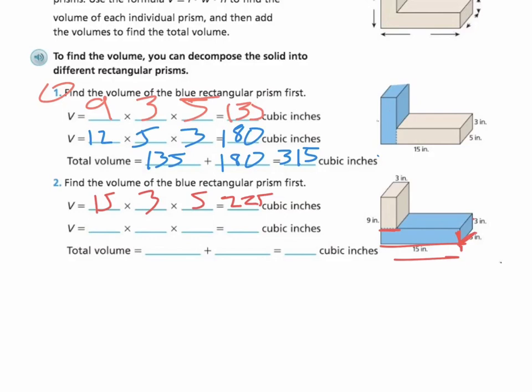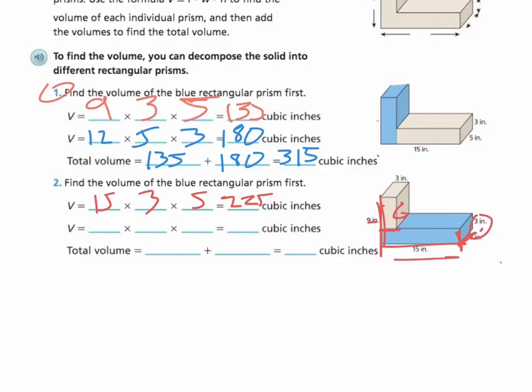Now, let's get the dimensions for the next part. You know that it's 3 here. You know that it's 5 across here, because that's the same and that's the same. So 3 by 5. But you don't know how tall it is. The first measurement they gave you was this whole thing is 9. And you know that this is 3, so you subtract 9 minus 3 to get 6 over here.